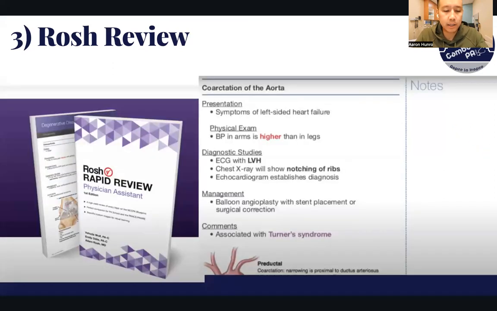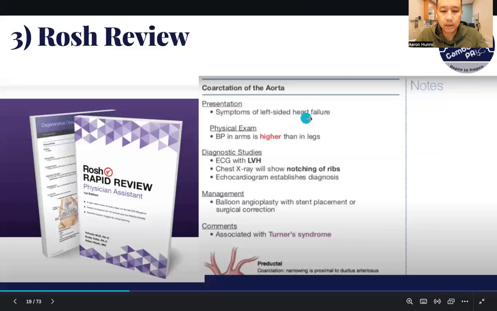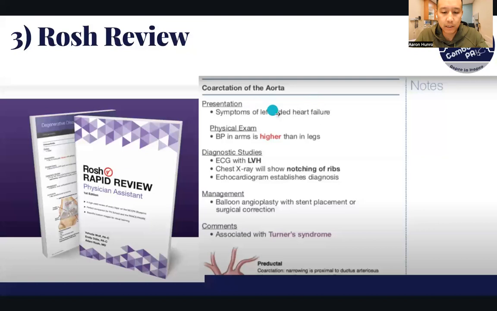All right, and then they had a Rosh Rapid Review book as well. It's presented in kind of the same way as those other resources: how the patients are presenting, what kind of symptoms they have, what you would find on physical exam, and different diagnostics.